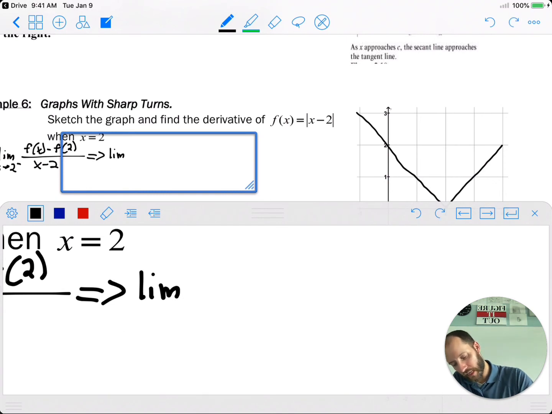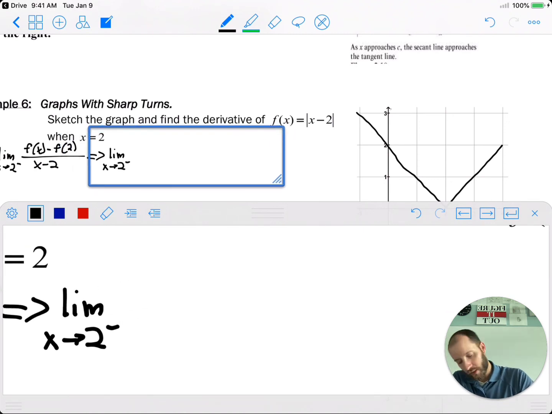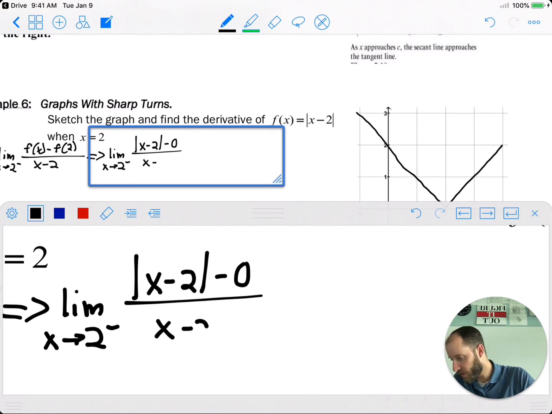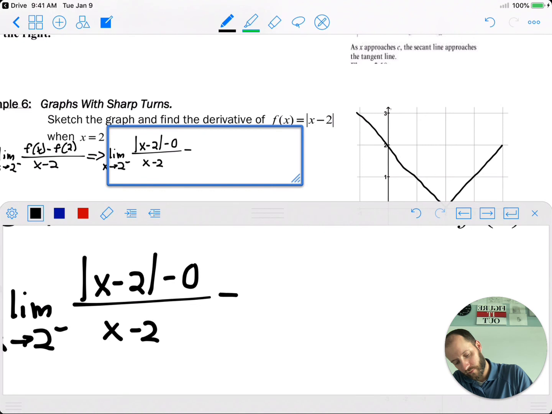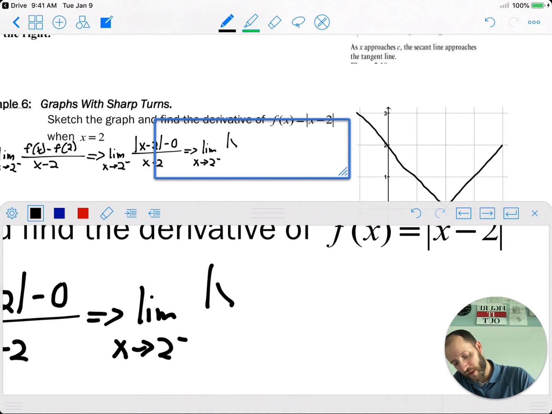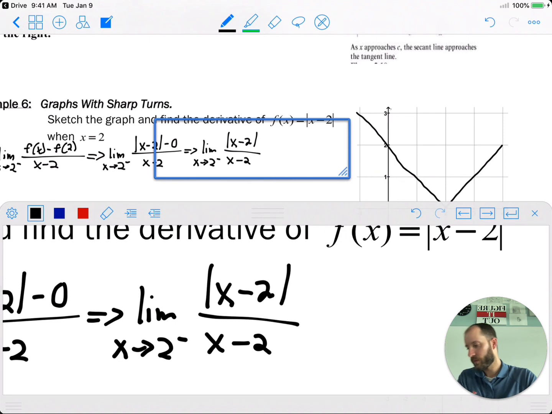No delta, just x approaching 2 from the left. So absolute value of x minus 2, minus f of 2, which is 0, over x minus 2. Simplifying, the limit as x approaches 2 from the left of absolute value of x minus 2 over x minus 2. Then think holistically about the problem.